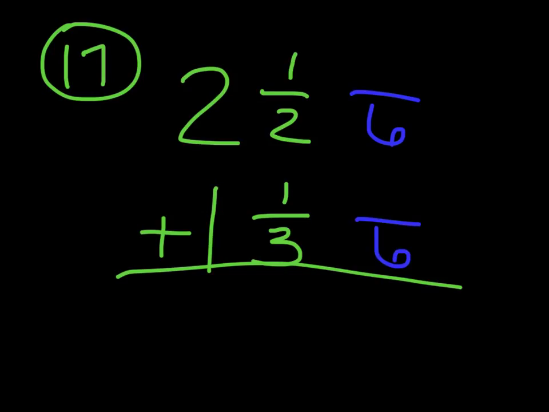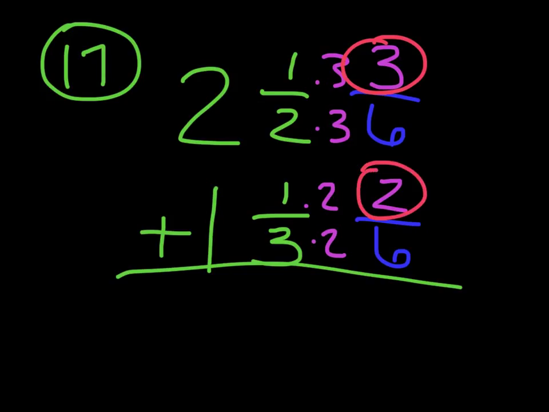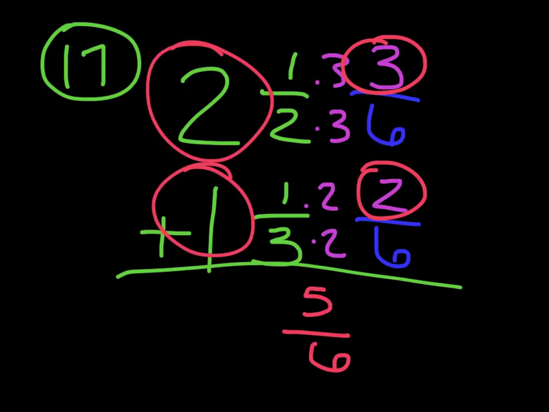Find our equivalent fractions. Add our numerators. Keep our denominator. And then just add our whole numbers. 2 plus 1 gives me 3. So my final answer is 3 5/6 cups of sugar.